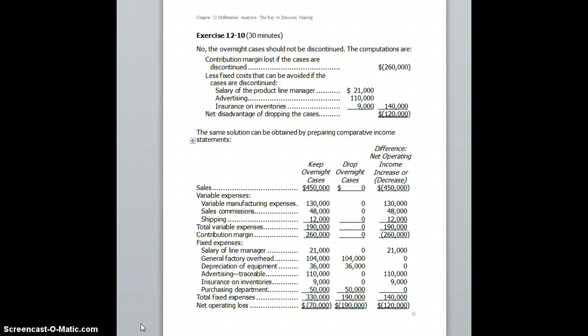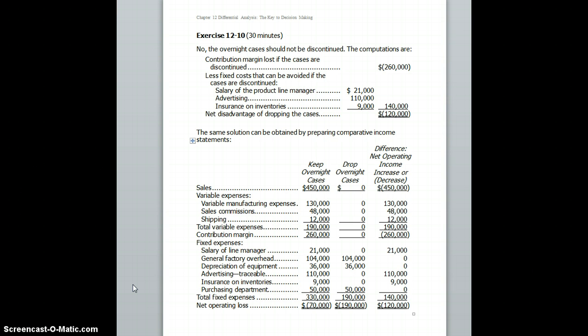So when we look at Dexter Products, if you were to look at the contribution format income statement, you will see that the company has $260,000 of contribution margin just from the sale of overnight cases.